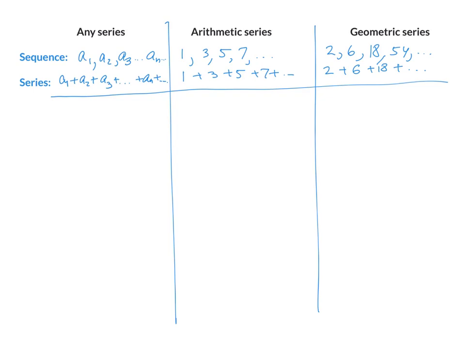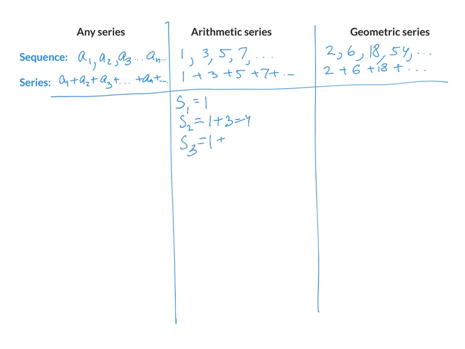So we will talk about notations first. For the word series, we are using letter S, and S indicates the sum of the first few terms. For example, S1 is not a sum of the first term, it's just the first term, 1. S2 will be the sum of the first two terms, so in this case it will be 1 plus 3, which is 4.